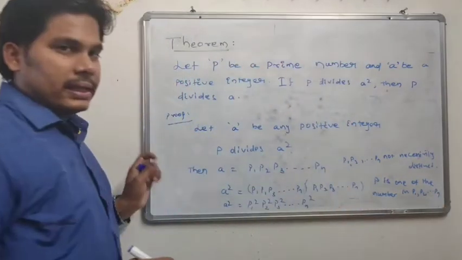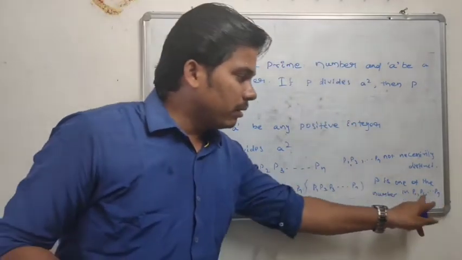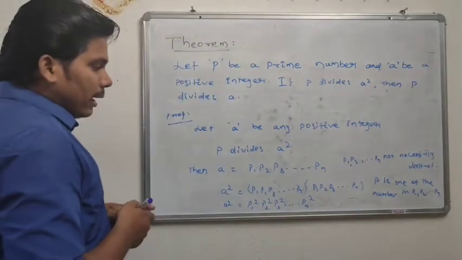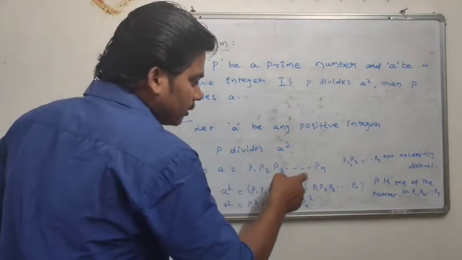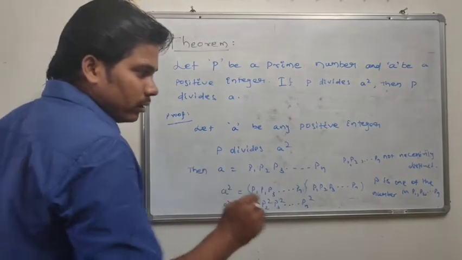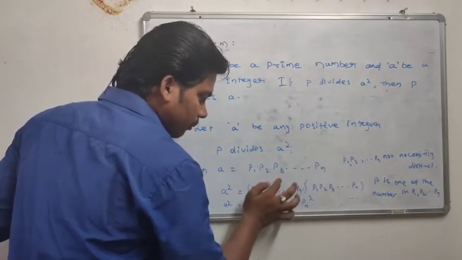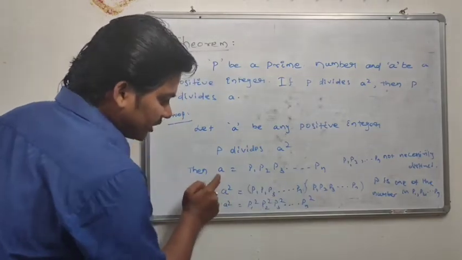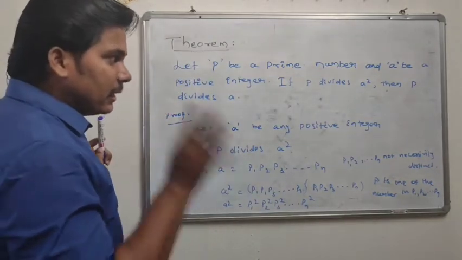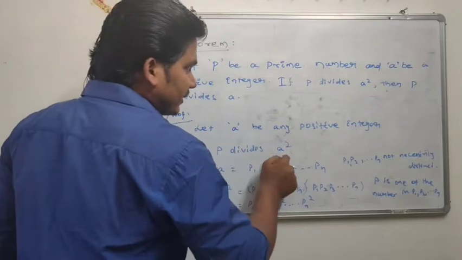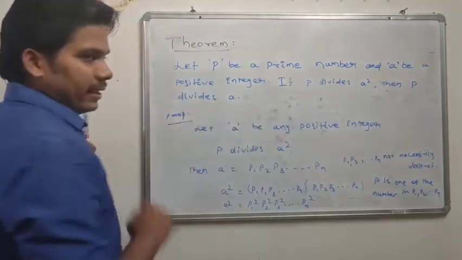As you know, a equals p1 into p2 into p3 dot pn. That means p should be within this. If p is within this, then surely p is also a factor of a. Then we can clearly say if p divides a square, then p divides a.